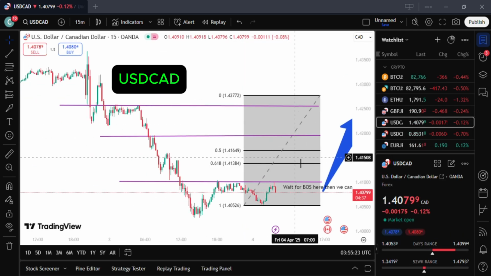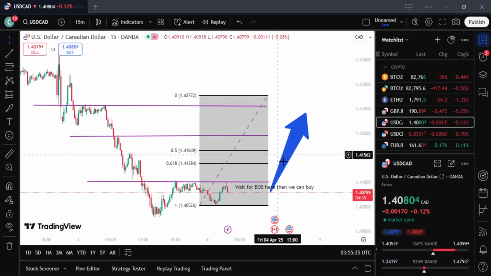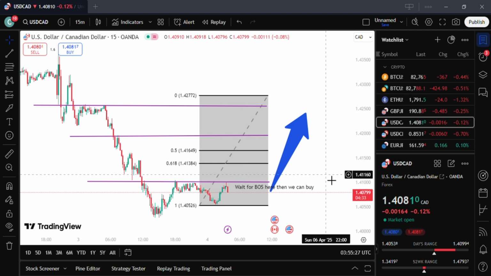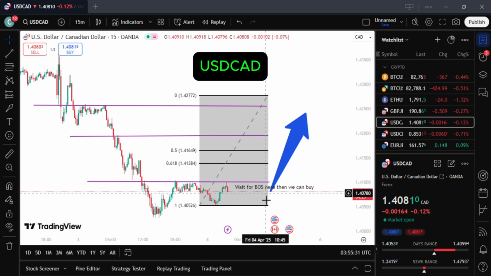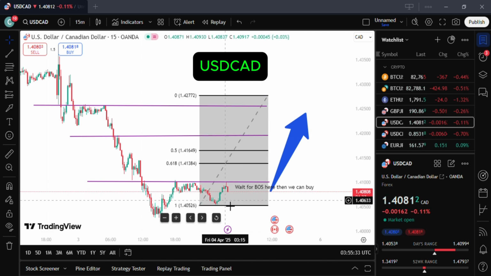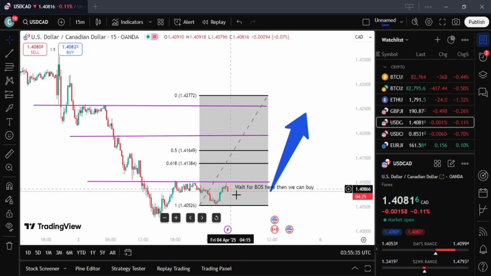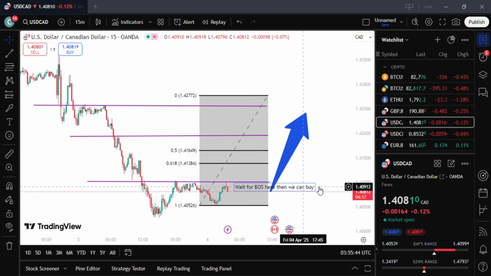And this one also, I've marked various key levels, and as you can see, I'm waiting for a break of structure here. Today the USD CAD is trying to be bullish, but is facing a lot of resistance in this region. Of course, we expected that after the Trump tariff, we expected a weaker Canadian dollar.